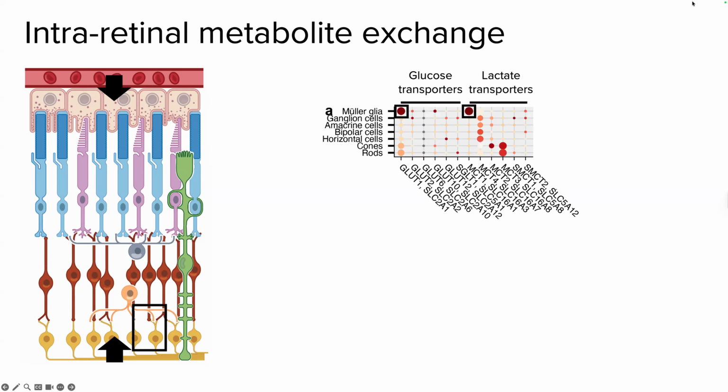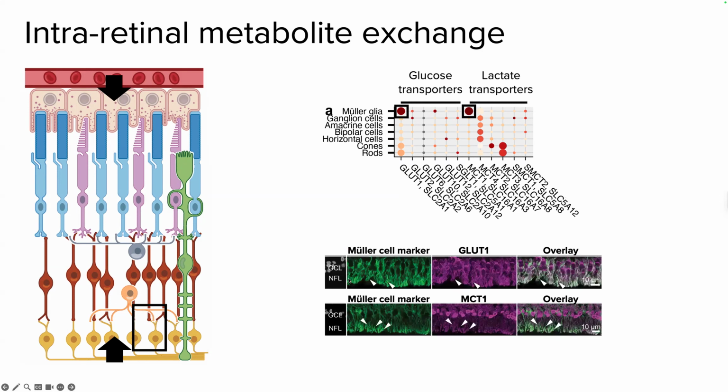So we did a single cell transcriptomic data set on the zebra finch retina, where we could see that Müller glia cells are extremely high in GLUT1 transporters and MCT1. We could also see that those proteins are present primarily in the end feet of the Müller glia cells, at the interface between the retina and the vitreous.